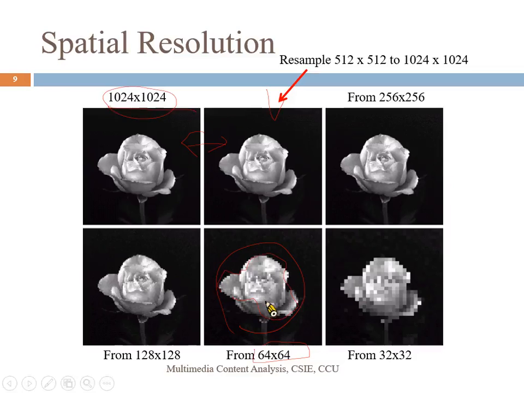So if we artificially enlarge it, we actually don't increase the information. We don't increase the detail of this object, so we get a blurry image.